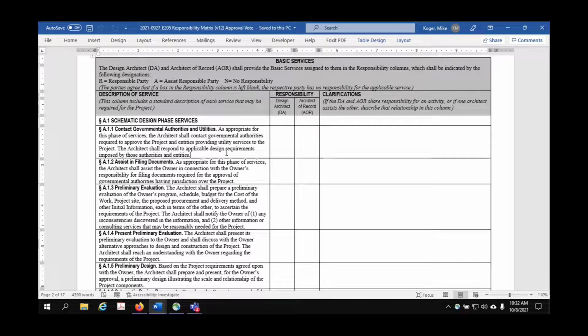It's very clear, or I think it's very clear. The design architect has their scope and negotiates that with the owner. The architect of record develops a scope and negotiates that with the owner. And the link is what we call a transfer package.